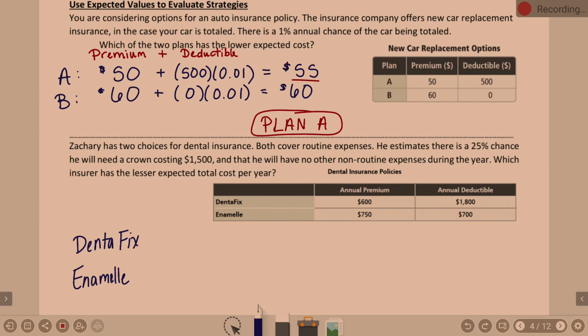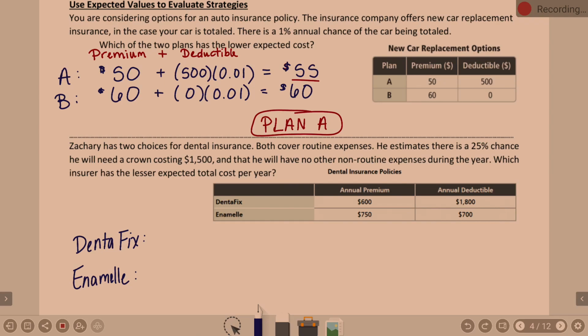Okay. So, in this scenario, the premium is an annual premium. In order to have the Dentifix insurance, he pays $600 a year. His annual deductible, for the non-routine expenses, is $1,800 before insurance starts covering the rest.